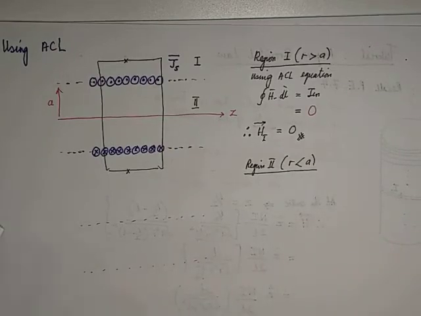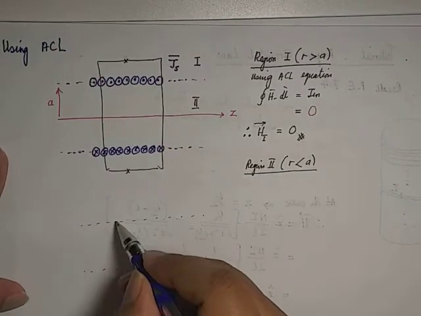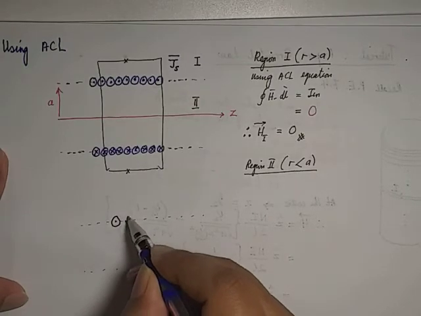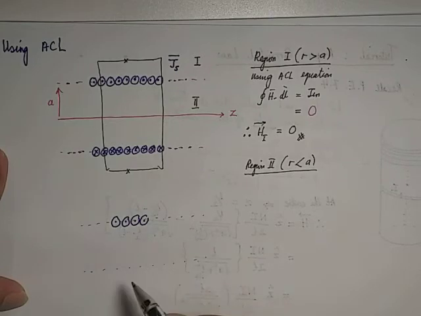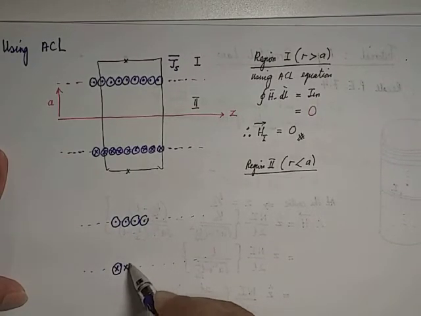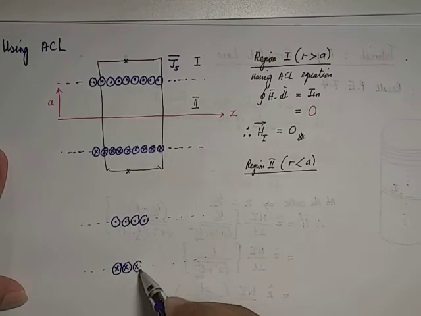The upper one I'm going to make as coming out, and here is going into. Okay, that should be the profile of current.